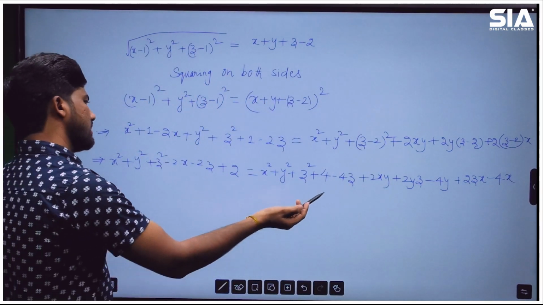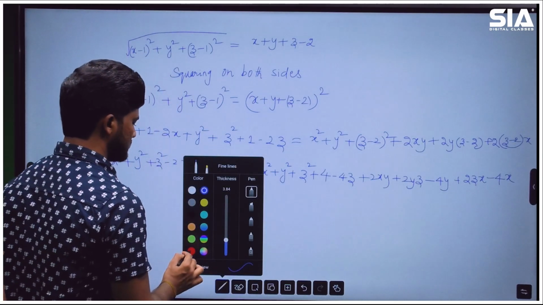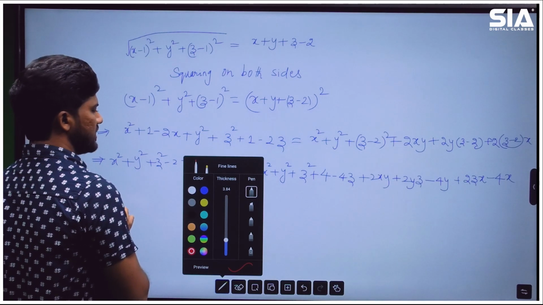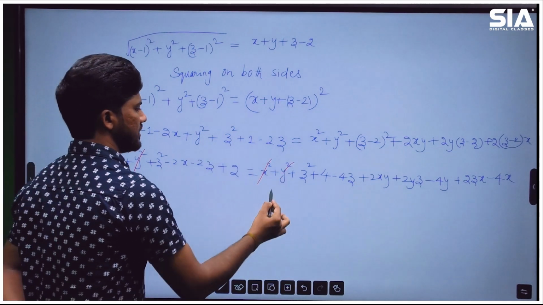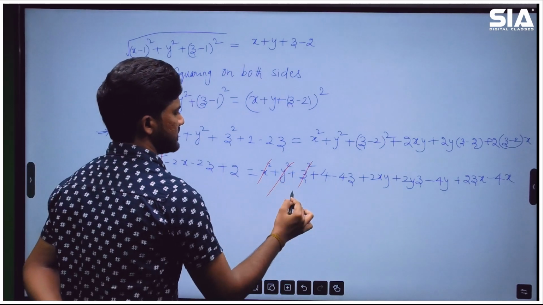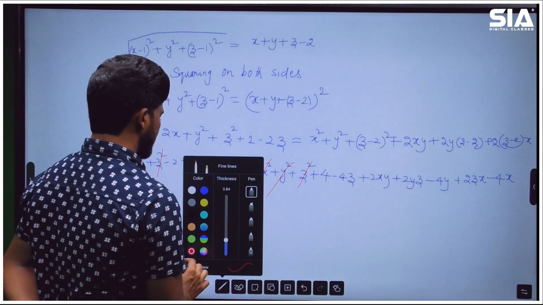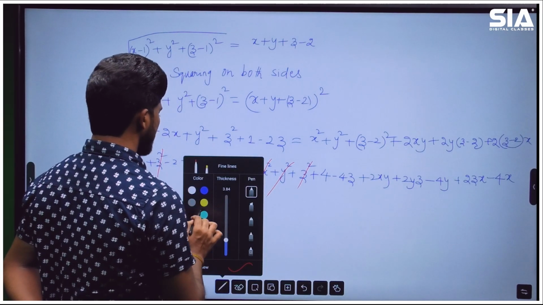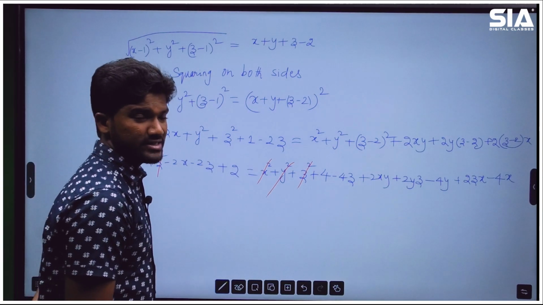Now take all RHS values to LHS. First, before taking RHS values to LHS, if similar values are there, cancel them. x square cancels on both sides, y square cancels, z square cancels on both sides. Now take all the values to one side and simplify. That gives you the required right circular cone.